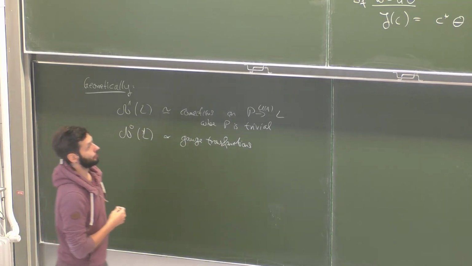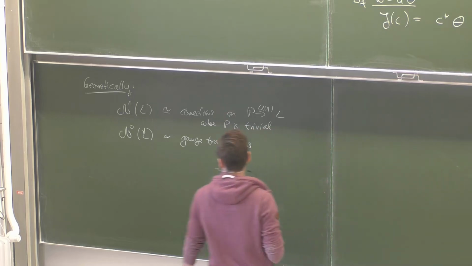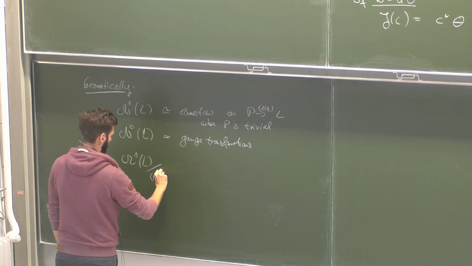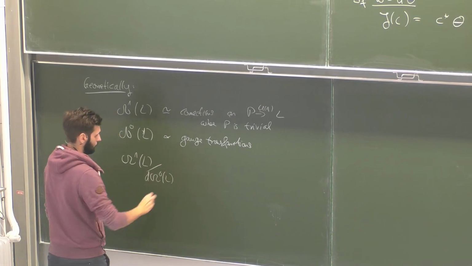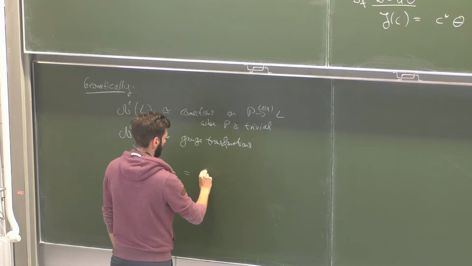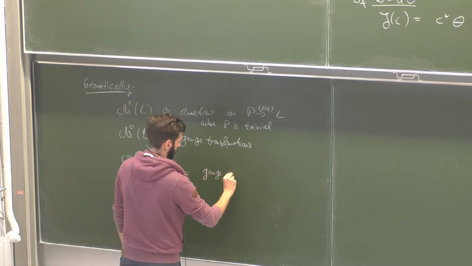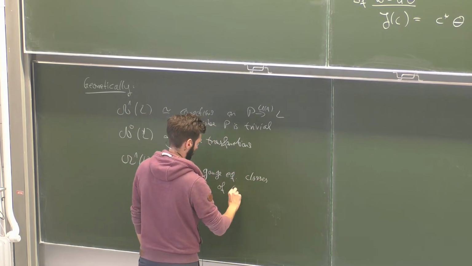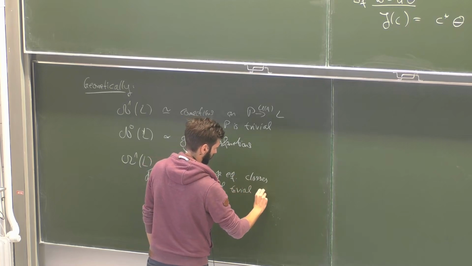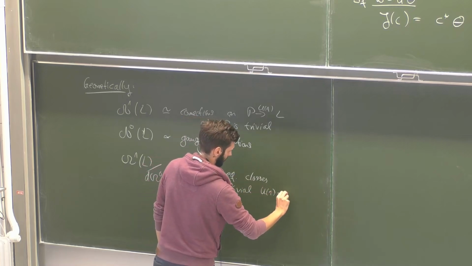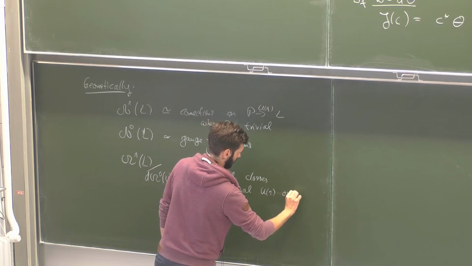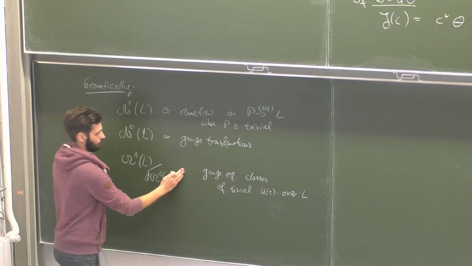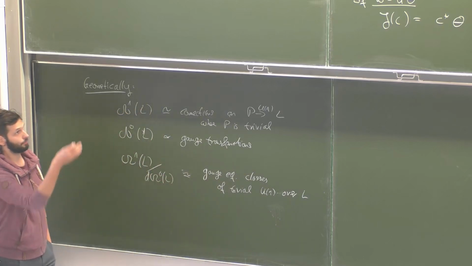So that means if you take the quotient over there, we get the following interpretation of 1-forms modulo the 0-forms: these are gauge equivalence classes of connections on the trivial U(1) bundle over L. So that's geometrically how you can think of this quotient.